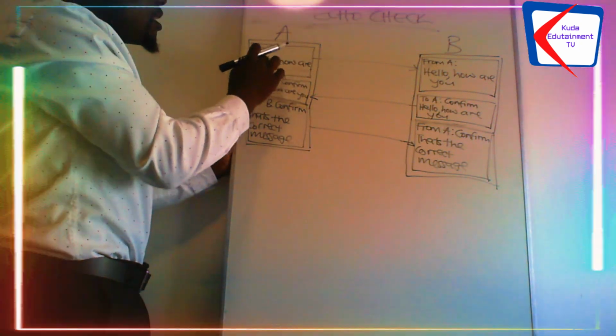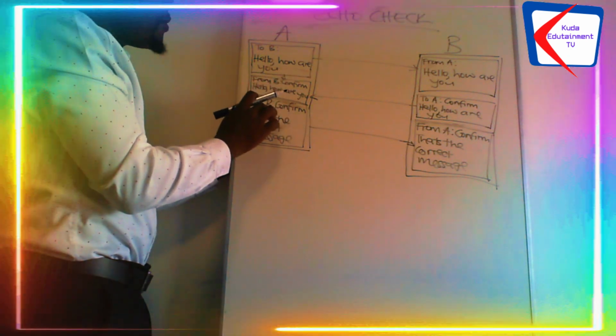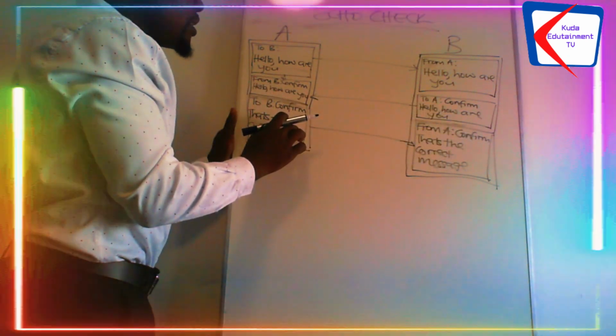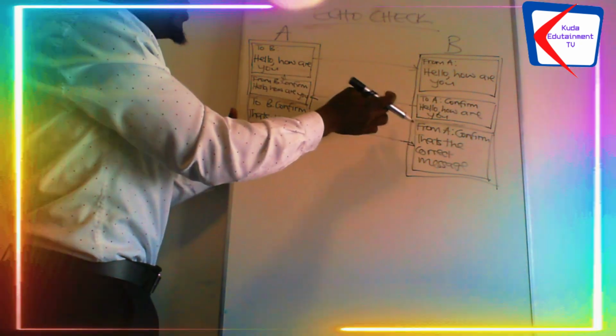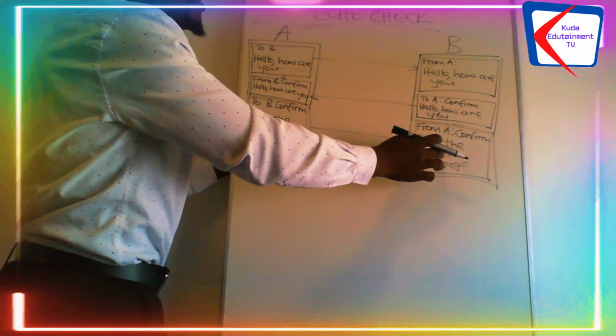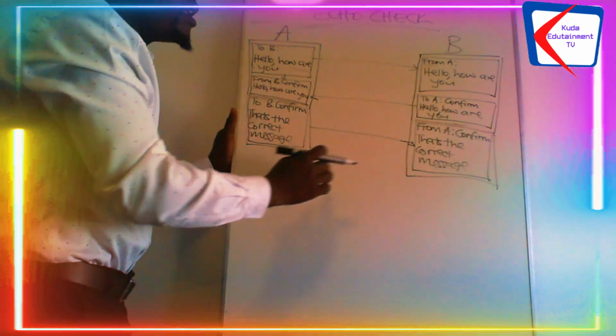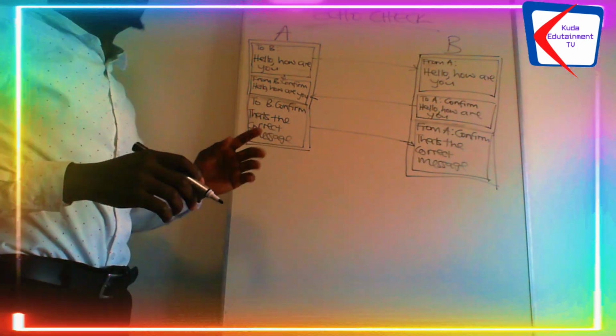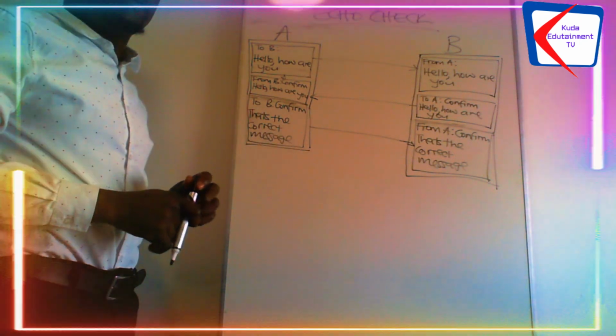In this case, these two messages are the same. Therefore, it sends a confirmation to the receiving device, right? That the message you sent me back is the actual message that I sent you. Then communication ends. So this is all about echo check.